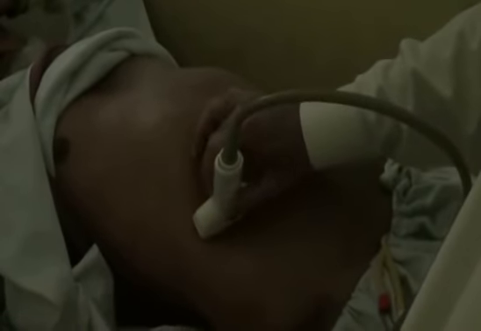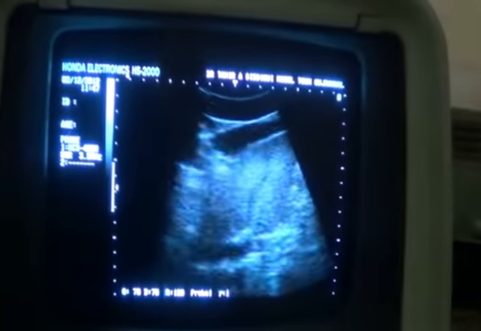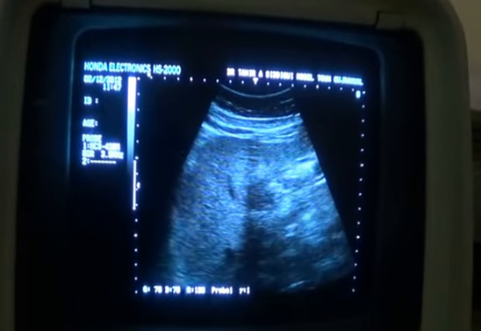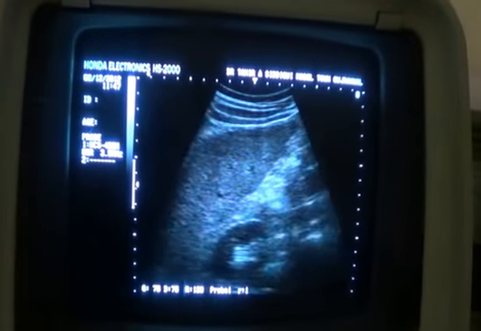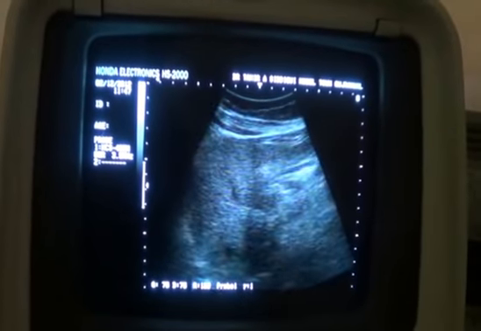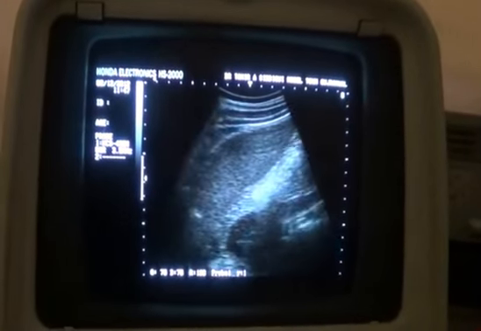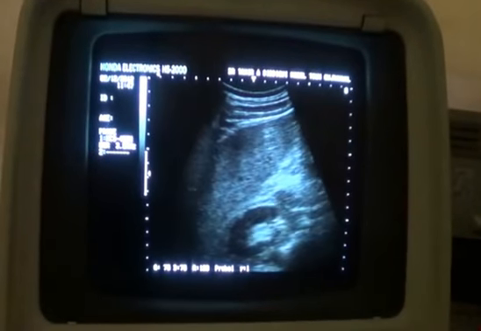Lower costal margin from here to here, and I can clearly see liver below the costal margin. This is how I am giving a sweep to the probe, and I see the liver below the costal margin. So this is number one.